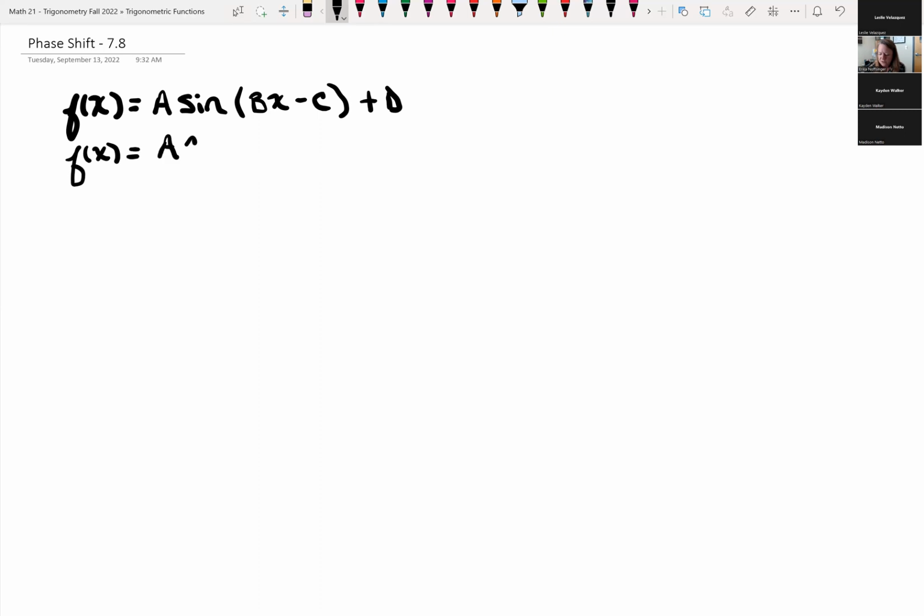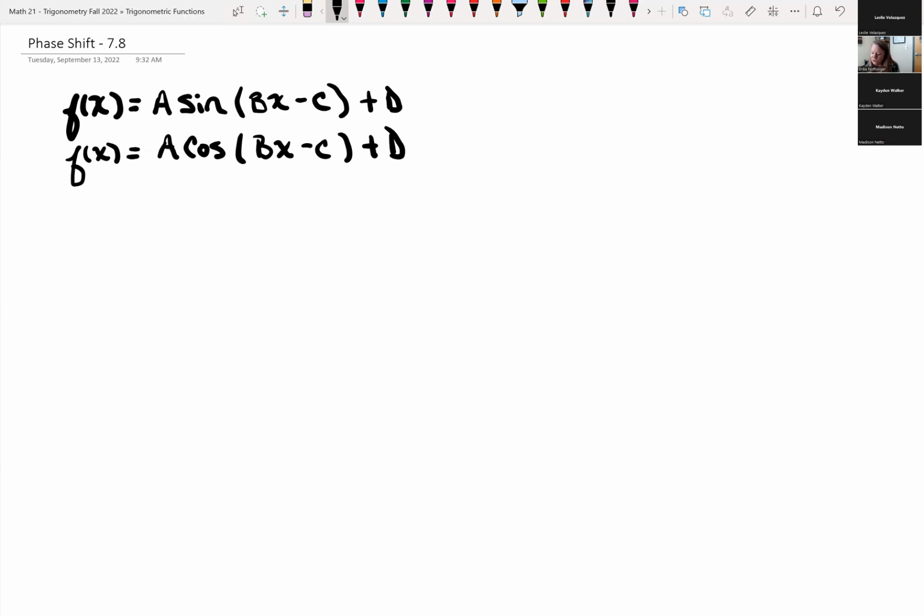So A cosine of Bx minus C plus D. So we haven't dealt with that minus C inside of our argument before.